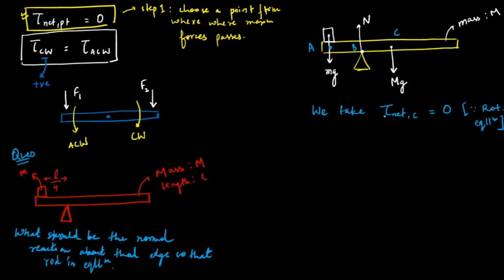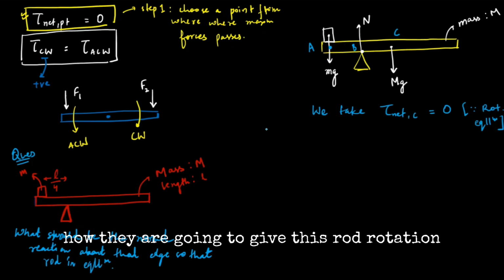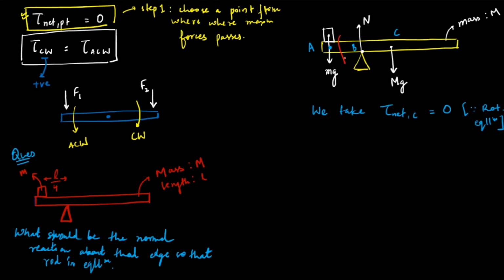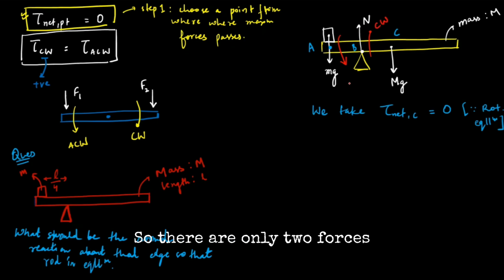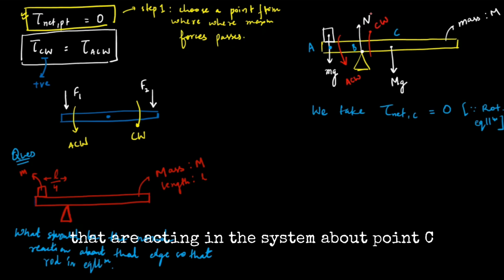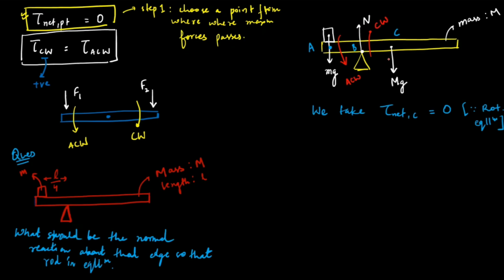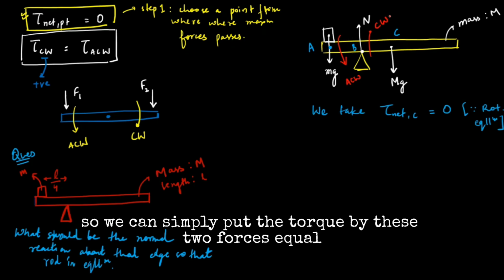Now let us see how they are going to give this rod rotation. This mg is going to give it anti-clockwise rotation, whereas this normal is going to give us clockwise rotation. There are only two forces acting in the system about point C, so we can simply equate the torque by these two forces.